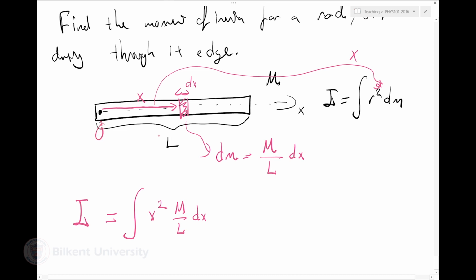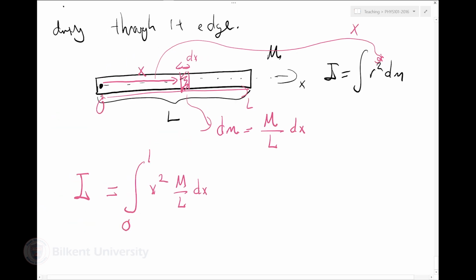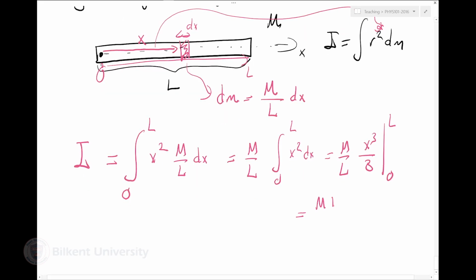I'll start from 0, go all the way to L. So m over L are constants, integral x squared dx from 0 to L. Extremely simple integral: m over L, x cubed divided by 3, evaluated at 0 and L. So it's going to give me m L cubed divided by L times 3. So 1/3 m L squared.